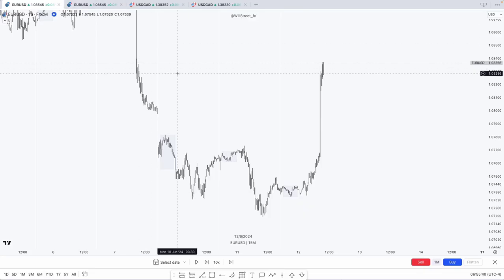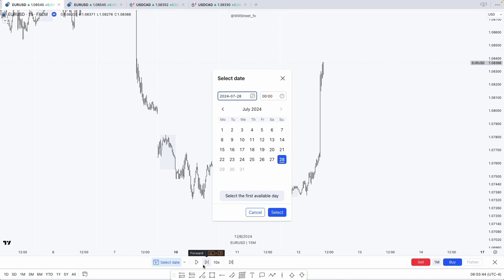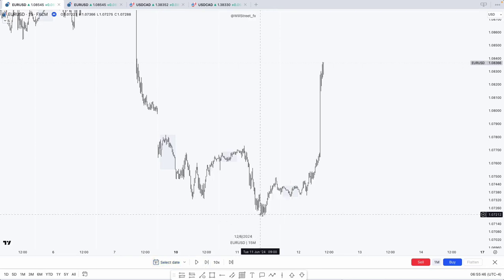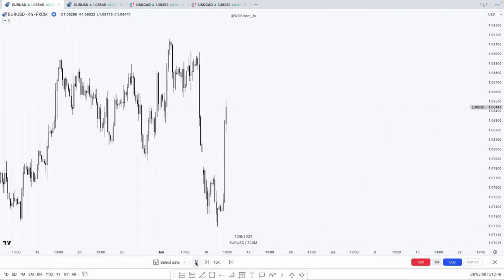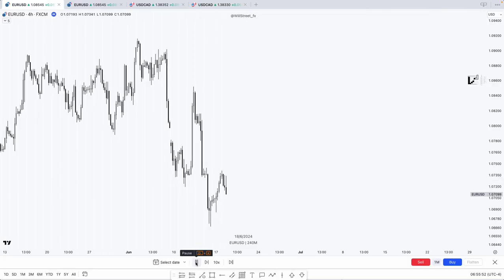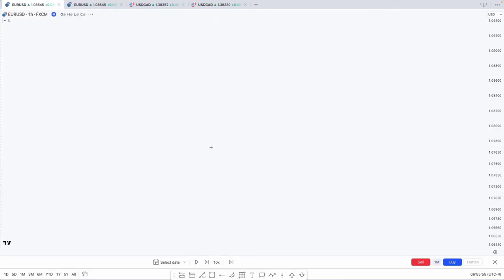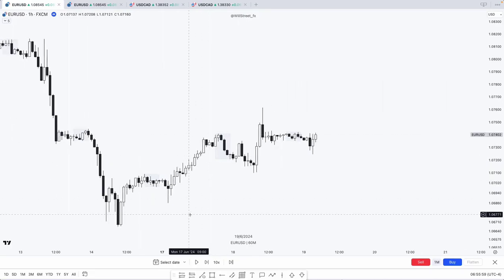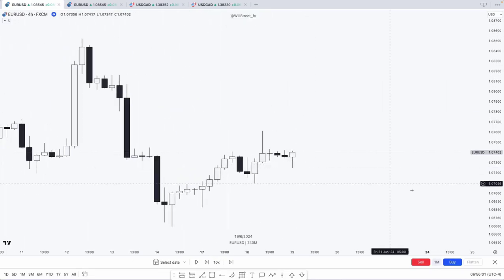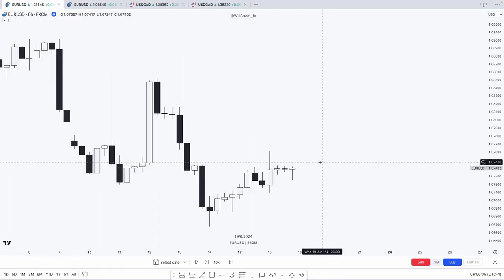Another example regarding this setup. We'll be close to this day, on the 18th. Okay.